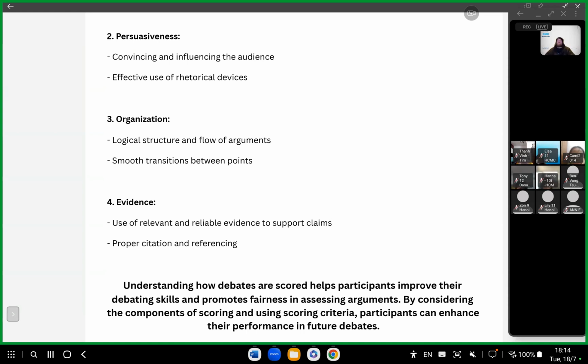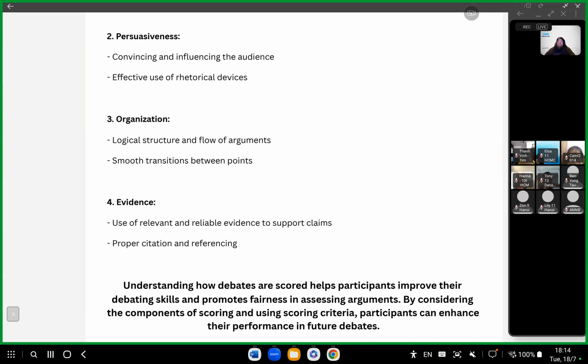What can people gain from believing your idea or doing what you want them to do? So the first thing they look at under persuasiveness is convincing and influencing the audience. Are you managing to make the audience believe what you're saying? Or are you just talking and they're just kind of staring off into the distance, not really listening?